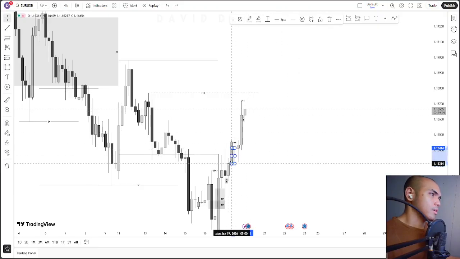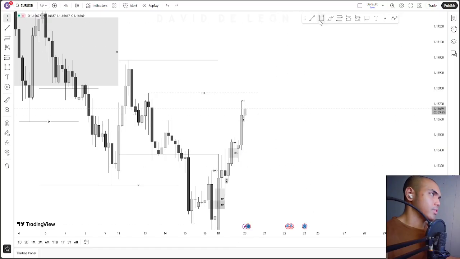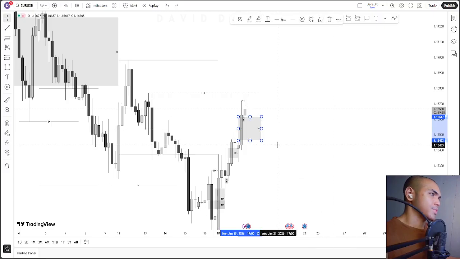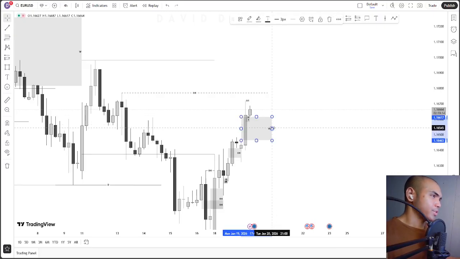And yeah, I'm just going to let price do its thing. We have a potential H4 buy side imbalance to be created right here. This one got created for today. This is going to be the basis for my trade setup for tomorrow.